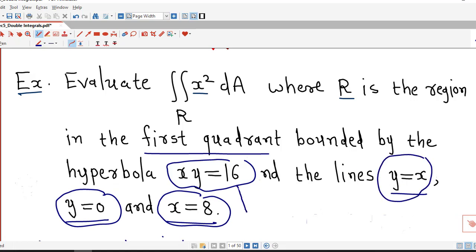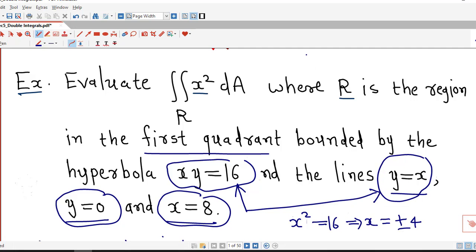If we want to find the intersecting point of these two curves, xy equal to 16 and y equal to x, we can put y equal to x here. If we put y equal to x in xy equal to 16, we will have x square equal to 16, and that will give us x equal to plus or minus 4.